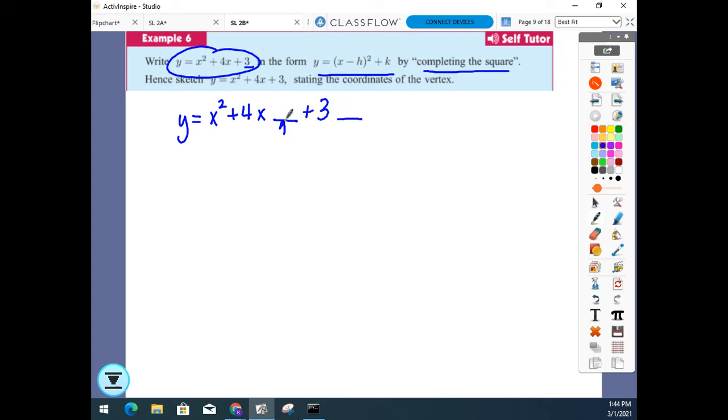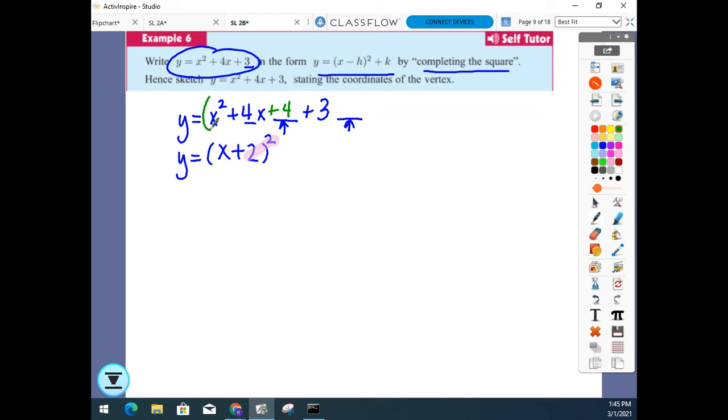But because I have to add something in here to get the same equation, we're going to have to subtract it over here. So bring down the y. We take half of 4, x plus 2 squared.